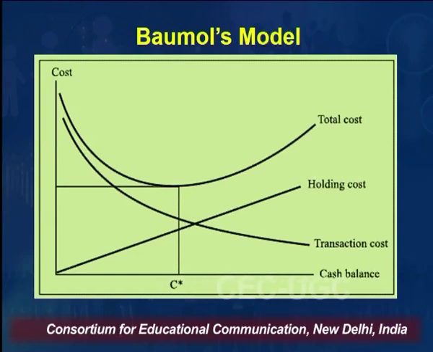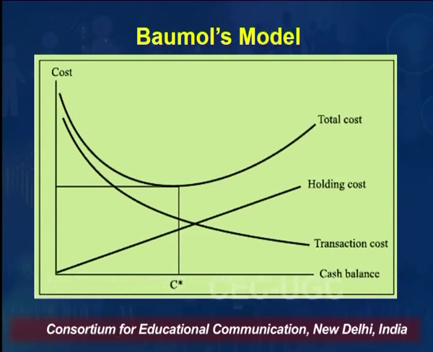But the total cost comprises these two costs, holding cost and transaction cost. And the point at which we are able to minimize the total cost of maintaining cash is the situation which is ideal for us. This is the situation of optimum cash balance.